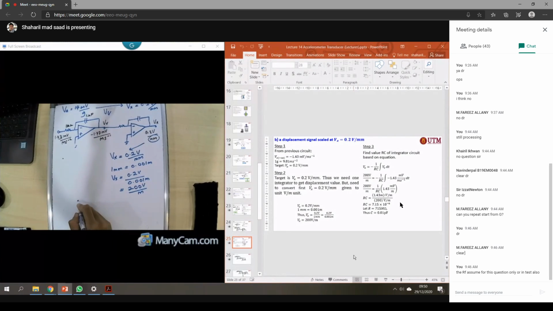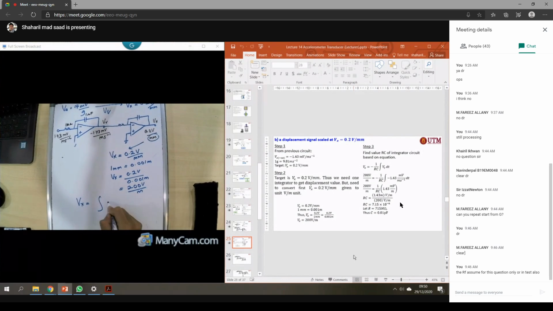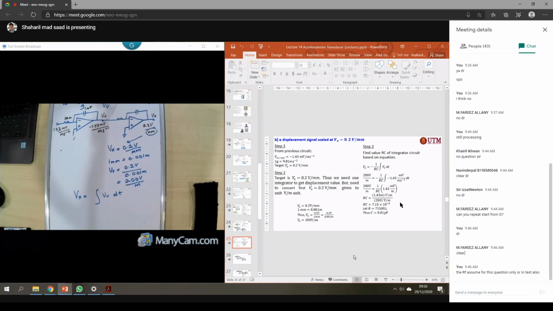So now you get Vx equal to minus 1 over RC times the integral of Vv dt.